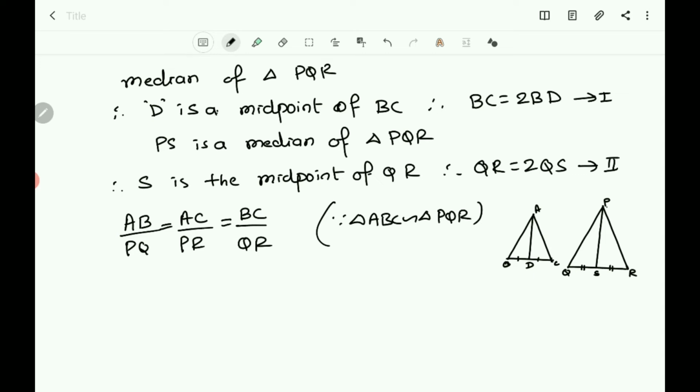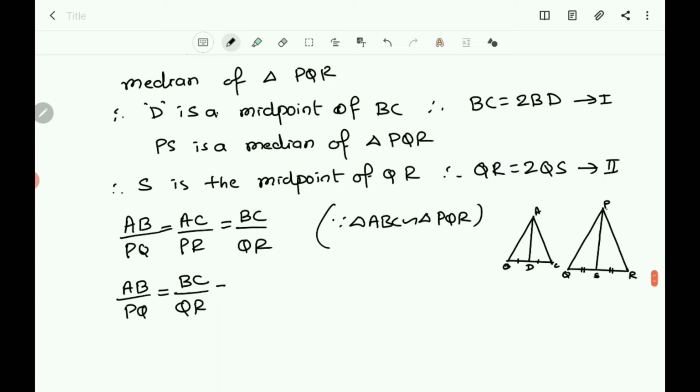Or you can also write that the sides of the similar triangles are in the same ratio, or the ratio of the corresponding sides of the similar triangles are equal. Now you write AB by PQ is equal to BC by QR.